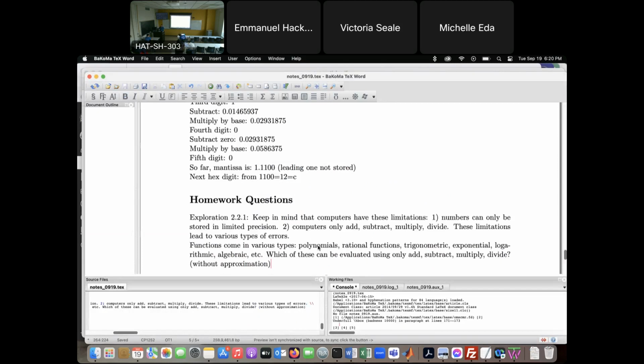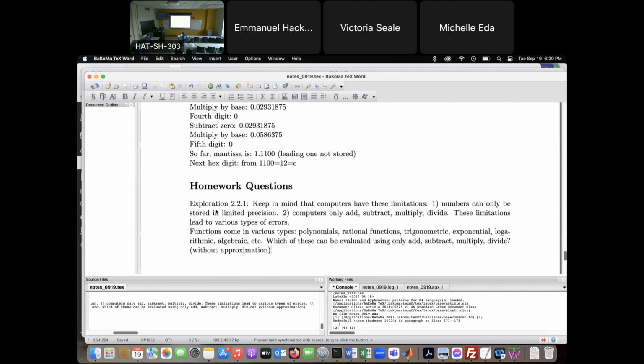How can they be evaluated without approximation? When I say algebraic functions, for instance involving radicals. That's what I'm looking for.